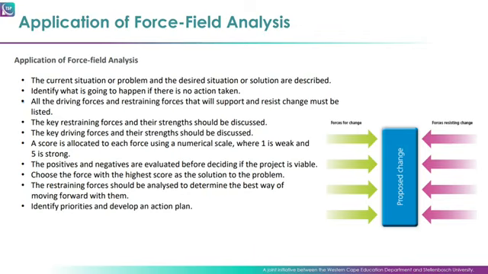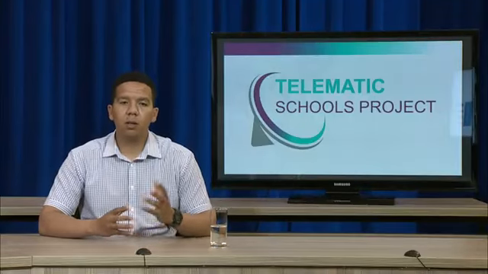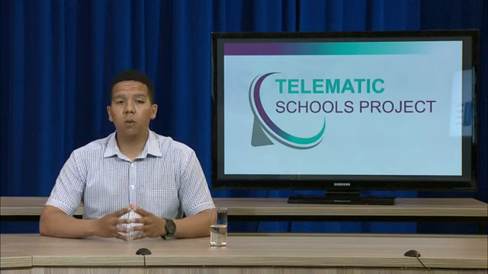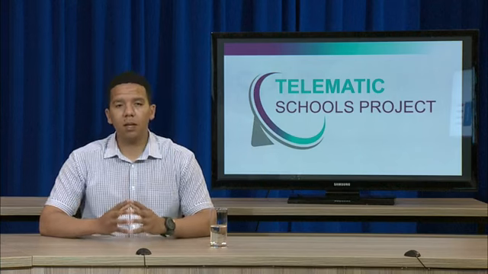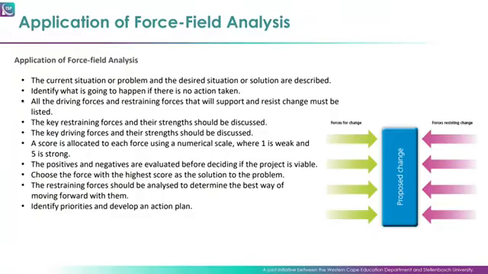So then it's important to choose the force for or the force against change with the highest score as the solution to the problem. So it will be based on the numerical scale, and also a tally will then be made whether the forces for change are more or the forces against change are more. So it's important to note that the restraining forces should be analyzed to determine the best way of moving forward with them.